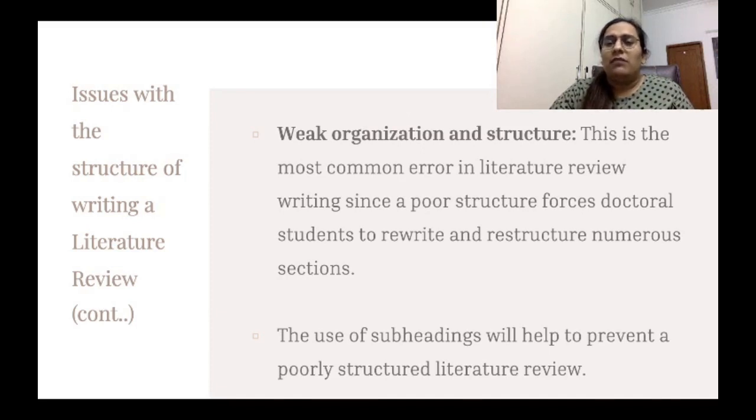So try to have subheadings, so that there is a continuous way of reading the literature review, because a literature review is basically a history of the literature that has already been done, and what you concluded out of it. So try to have a constructive way of explaining things in a very smart manner.